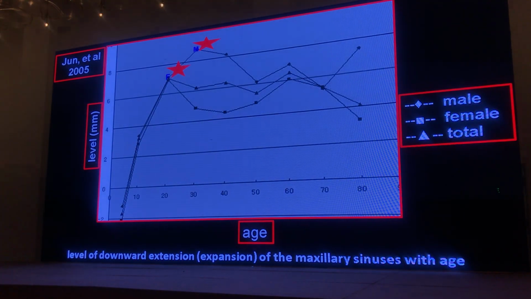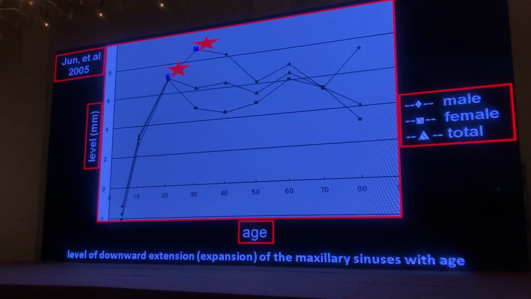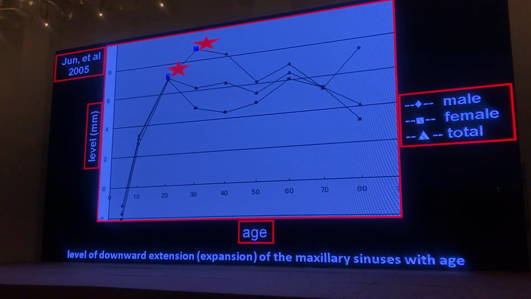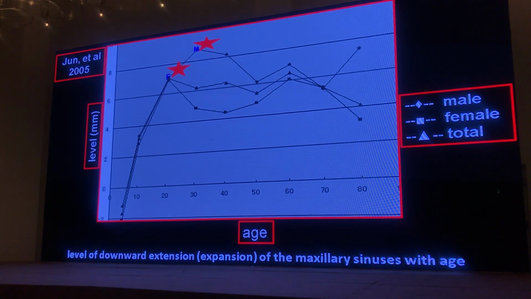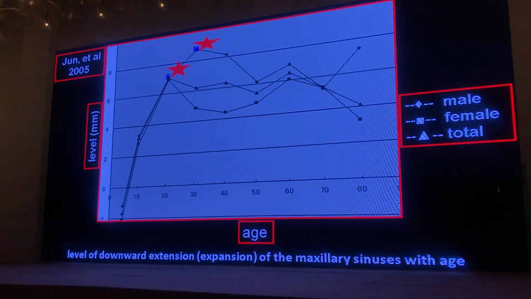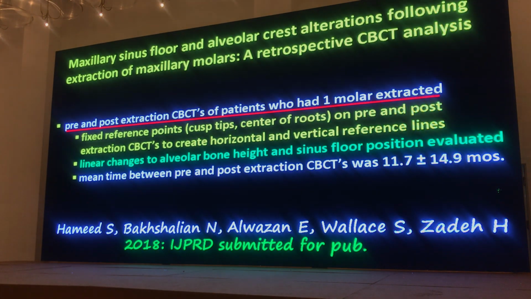Here's the growth of the sinus, and the men in the 30s, women in the 20s, it's at its largest point. What happens after that? It's getting smaller, not bigger. So when you look at the study, it makes the thing about the sinus pneumatizing after the loss of teeth sound a little bit strange.